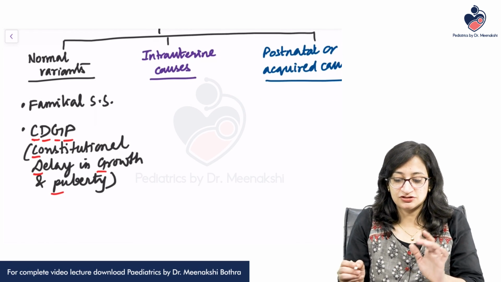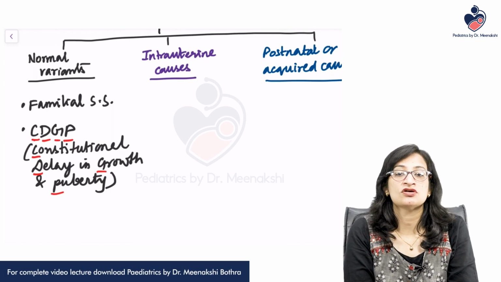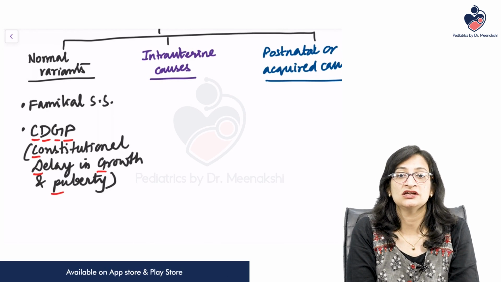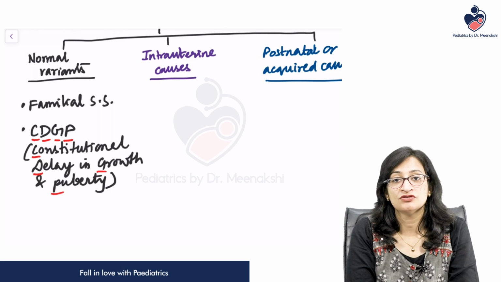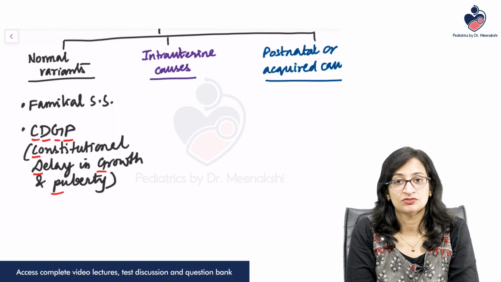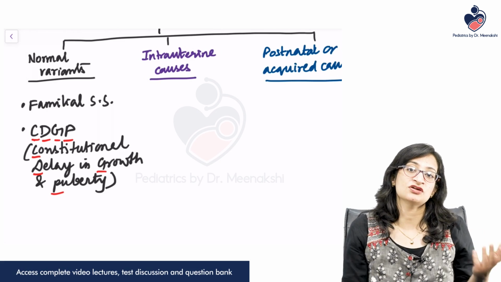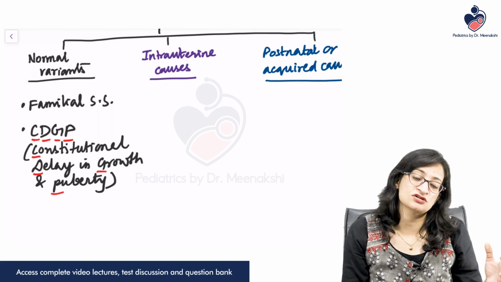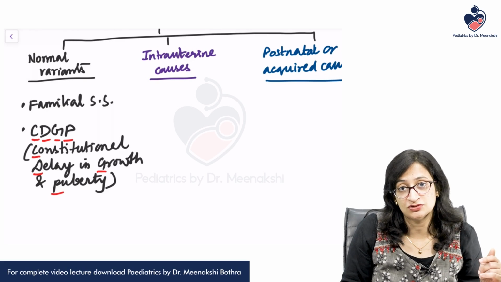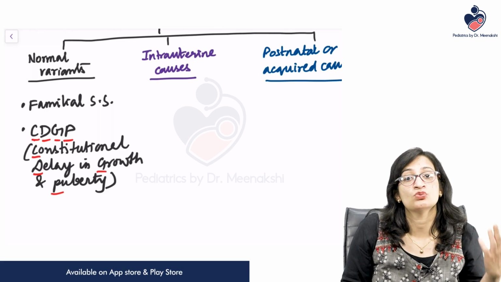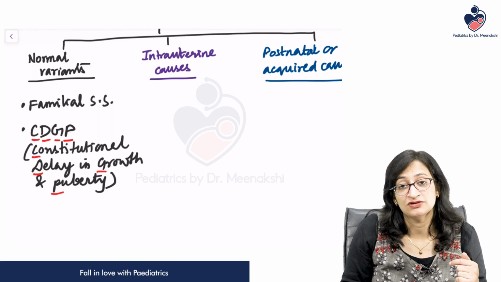So let us first discuss a little bit about familial short stature and constitutional delay in growth and puberty before moving on to the other causes of proportionate short stature. We need to know from a given case scenario whether it is familial short stature or CDGP, what are the salient features of these, how do you distinguish them, and we need to understand why we are calling them normal variants.